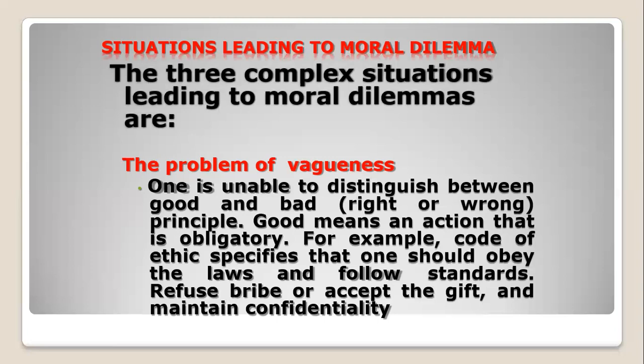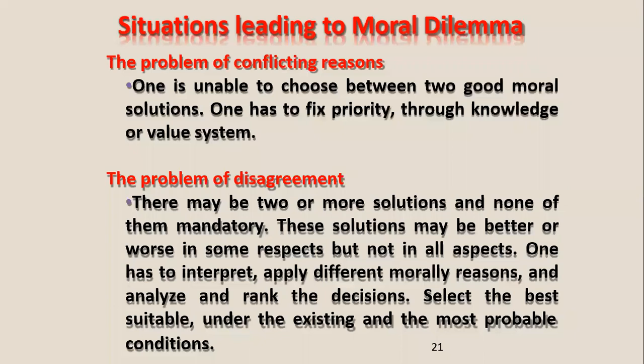Let us see the second situation, the problem of conflicting reasons. Here one is unable to choose between two good moral solutions. One has to fix priority through knowledge or value systems. This is the situation where two or more moral problems conflict with each other, each of which seems to be correct.